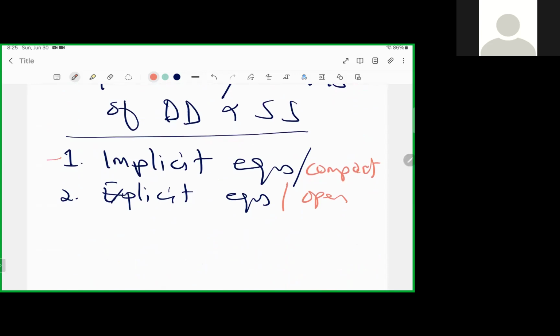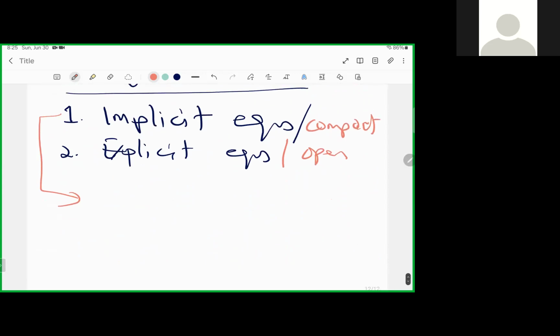For instance, if you pick the first one, which is demand, and we said demand is a function of, let's say, price. This is an implicit equation, written in compact form.